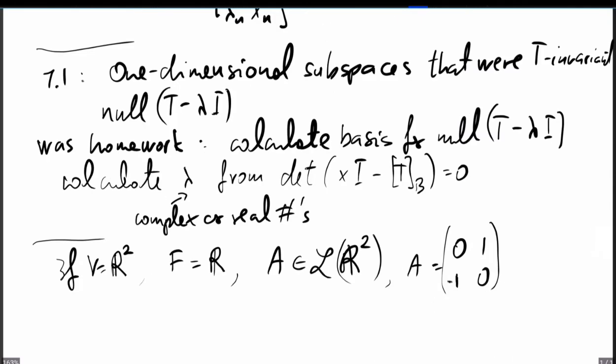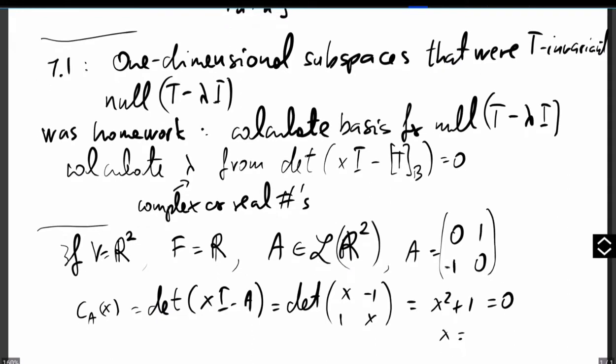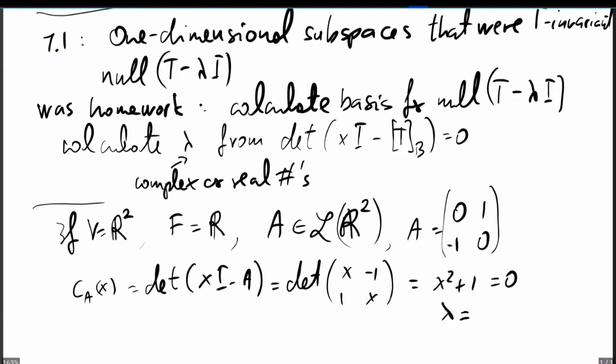When you want to calculate the characteristic polynomial, we get the determinant of xI minus A, which is the determinant of x, minus 1, 1, x. We get x squared plus 1. Then we set this equal to 0, and from this equation we obtain the eigenvalues, lambda equals plus or minus i, the imaginary unit, since we have to take the square root of minus 1 if we rearrange this equation. Then the problem is that this is not a real number.